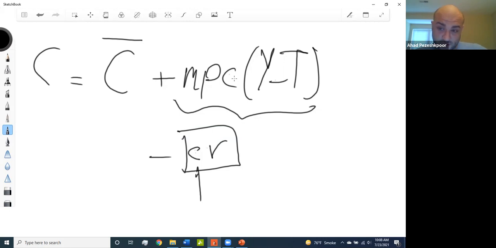Your responsiveness to real interest rate disincentivizes you. It says, hold on, don't consume all your money now. Save some of it. Look at how high the interest rates are. If you save your money now, you're going to have a lot of returns later.